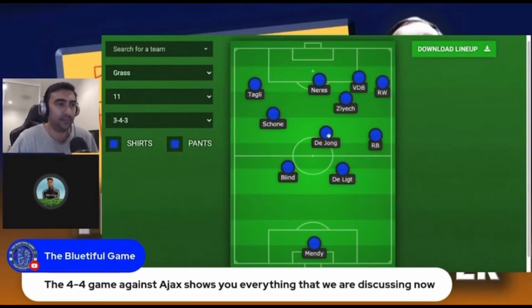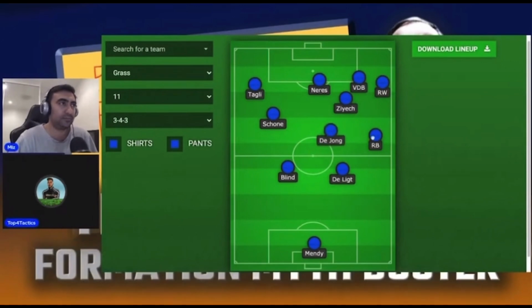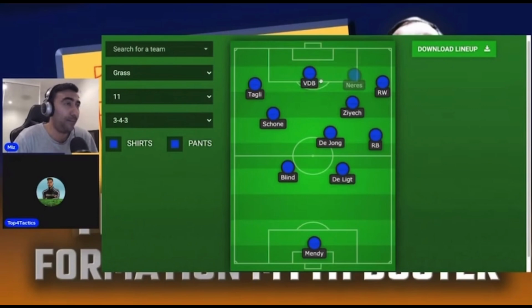Yeah, but no, you can see the comparisons though. You can see why Ziyech plays the way he plays at Chelsea. Yeah, and that's why I have to say, under Frank Lampard we saw Reece James bomb up a little bit more, being a right back. He was bombing up a lot more, and we saw Ziyech do a little bit more similar stuff as he was doing for Ajax.